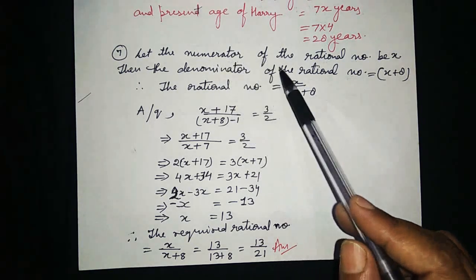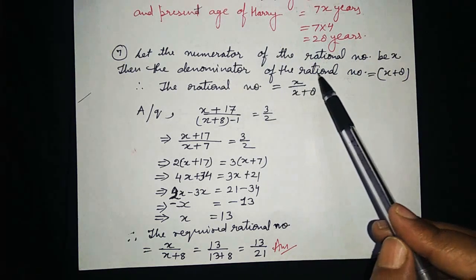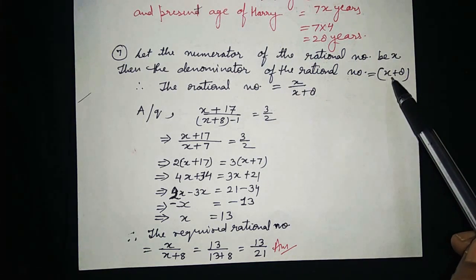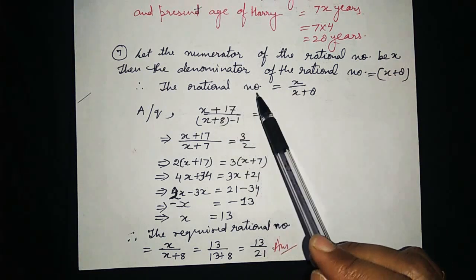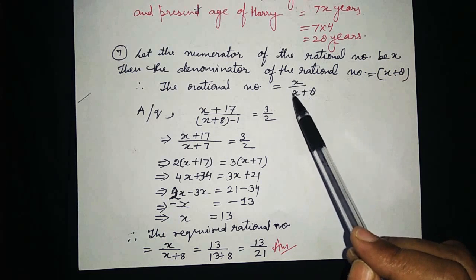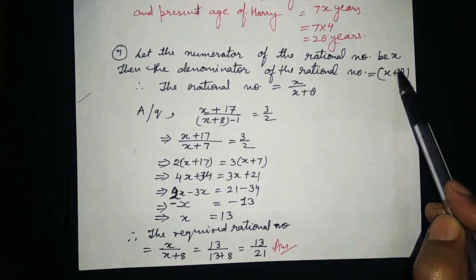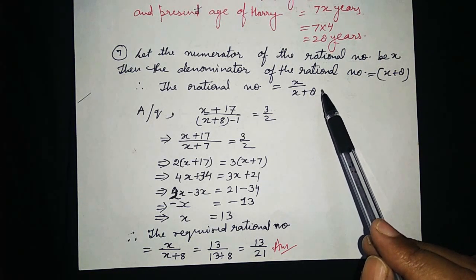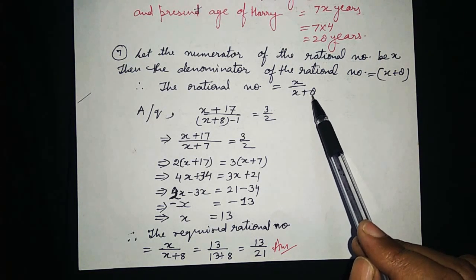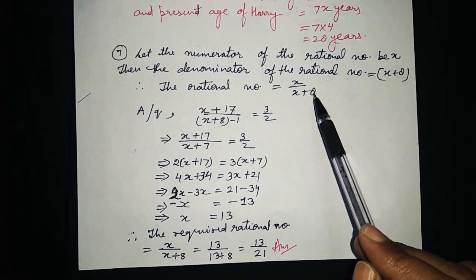So let the numerator of the rational number be x, then the denominator will be x plus 8. Now the rational number will be x upon x plus 8, because x is the numerator and x plus 8 is the denominator.